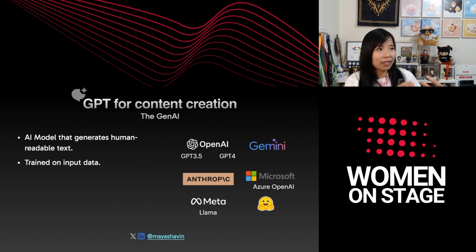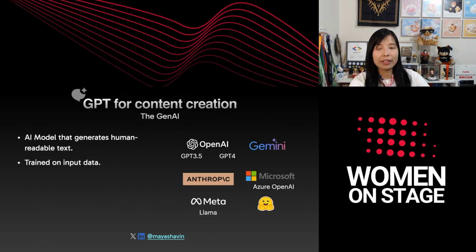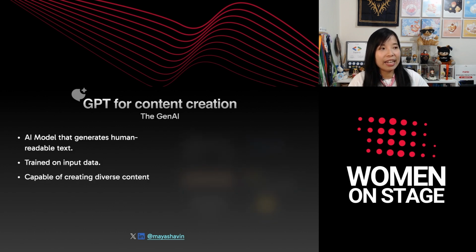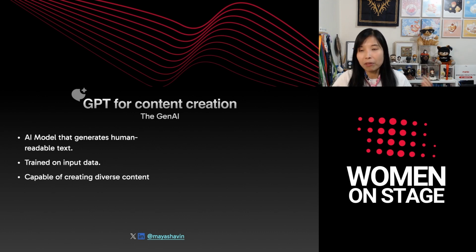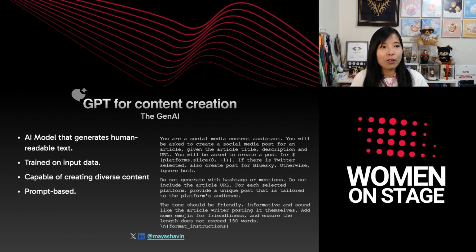So the GPT or the AI model is trained on the input data and also on existing data. So it's actually learning while talking to you. And it has the capability of creating diverse content depending on how you provide the prompt. For example, here I provide the whole prompt for the social media content per platform. I give it a role, a social media content assistant. I ask it to create a post for whatever platform.